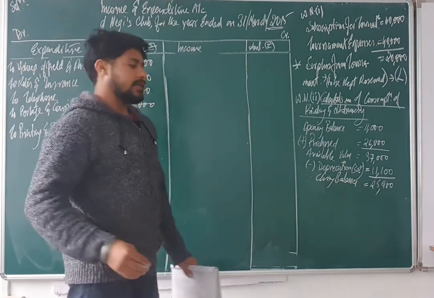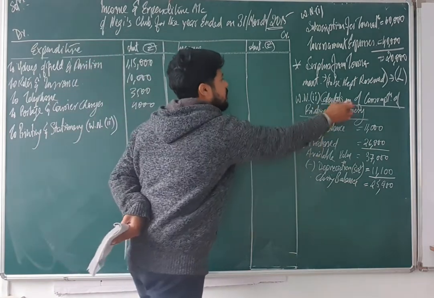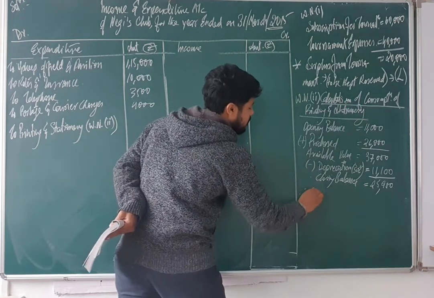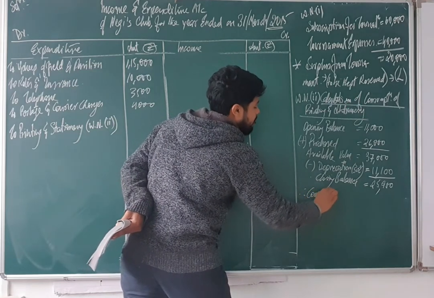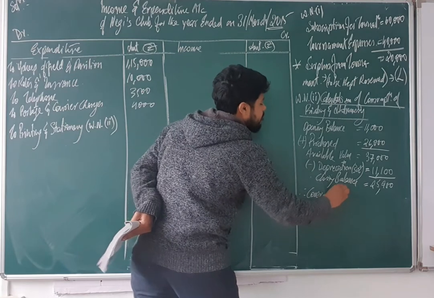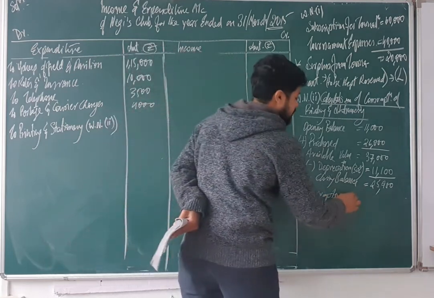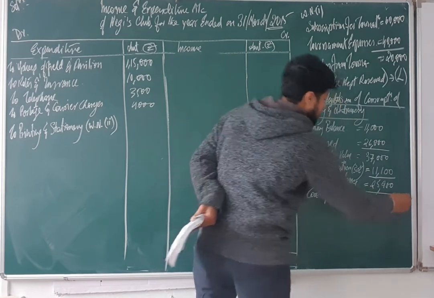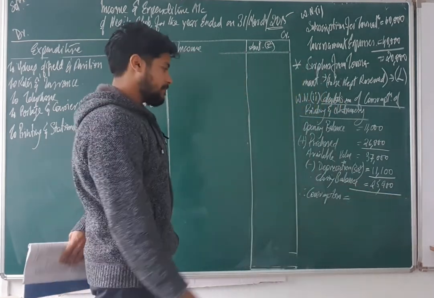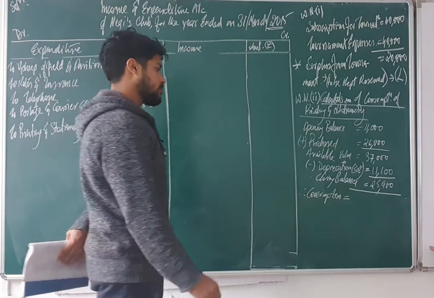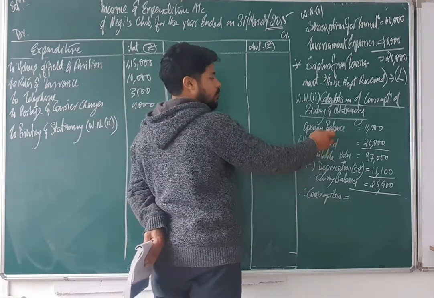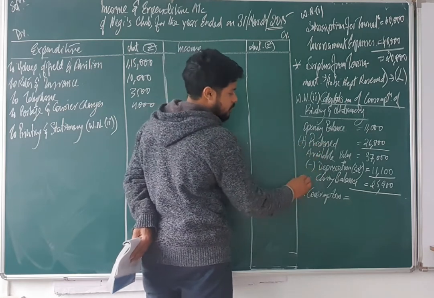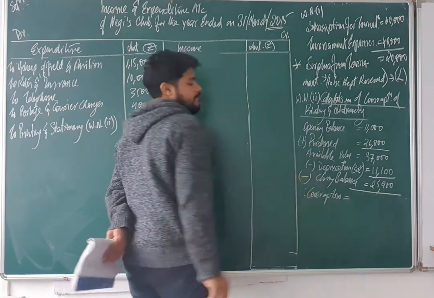Now, to get the consumption, what consumption we have made, how do we do it? See here, how do you get the consumption? Opening balance plus purchases minus closing balance.